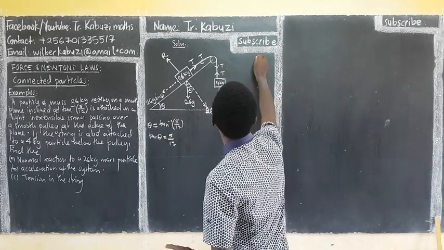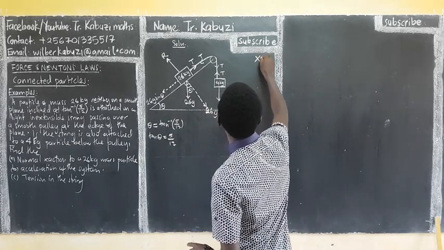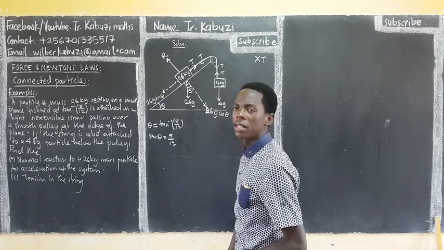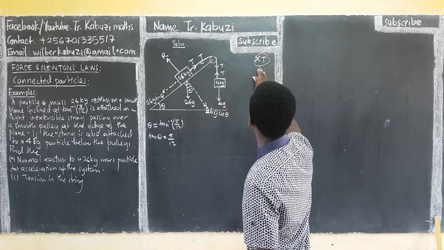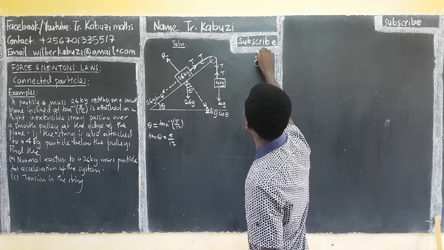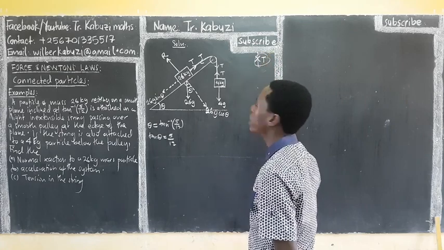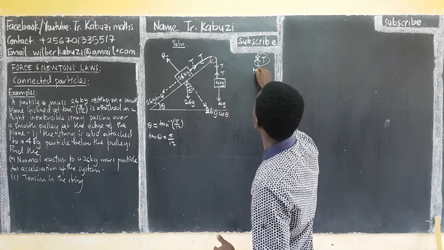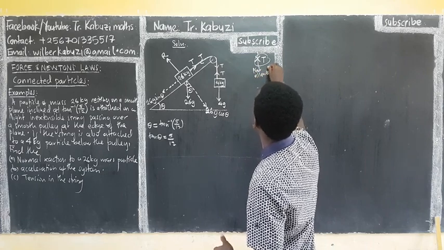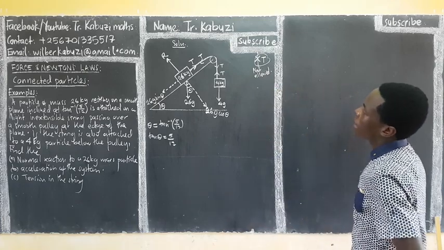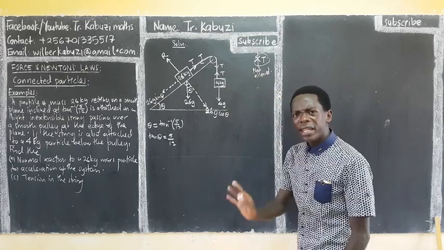Don't do these things and then put them here. What does this mean? This one is not allowed. No, not allowed. Then you do this and then you put an X in your tension. No, not allowed. Not allowed. Okay, you separate these two with ease.